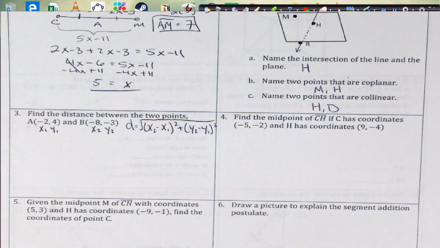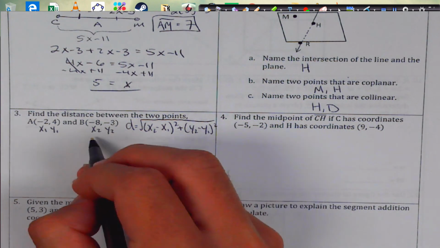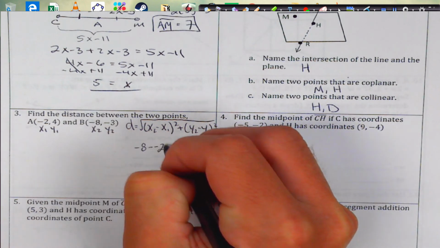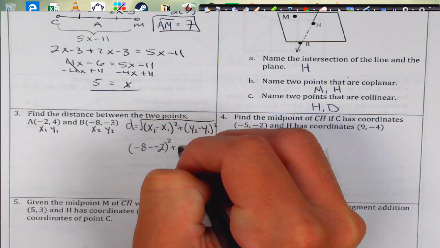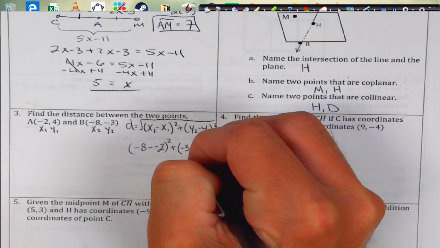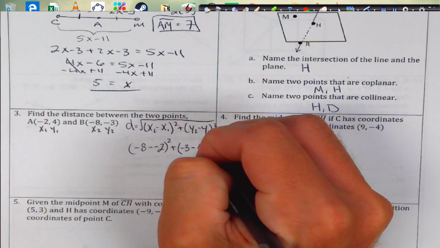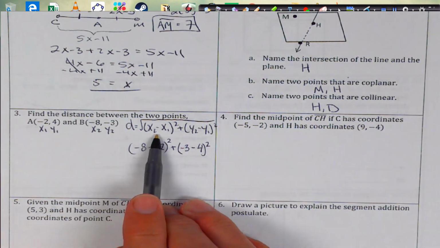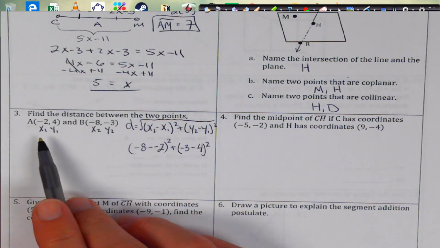Okay, and so we're going to plug in everything we know. x2 is negative 8 minus x1, which is a negative 2, plus y2, which is a negative 3, minus 4, squared. Notice on the first one I had to put the subtraction sign in from the equation, and then the 2 is also negative.